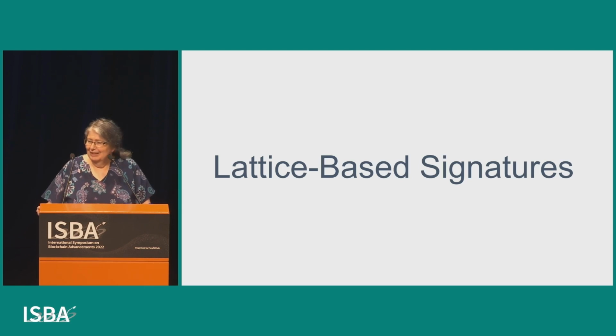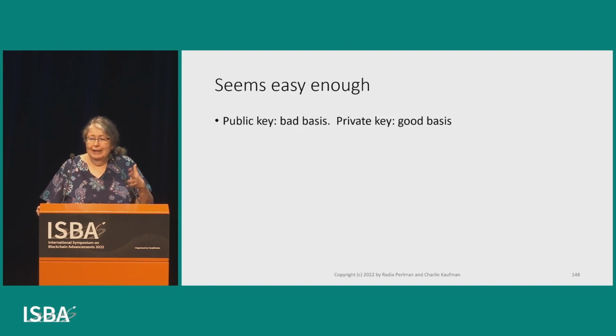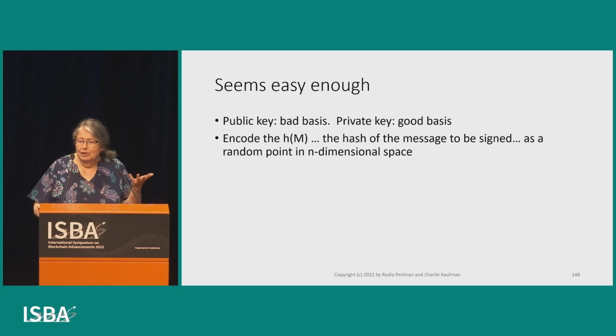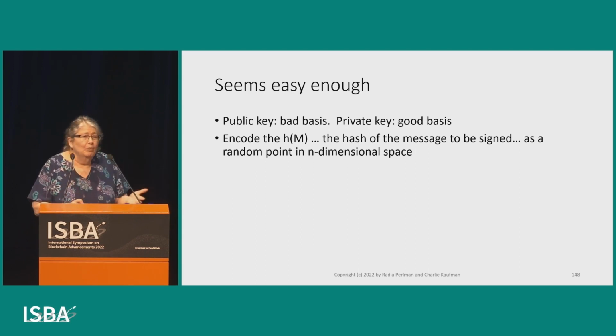Now, interestingly, people also tried to design how to use lattices for signatures. And so, yeah, it seems easy enough. Again, your public key is a bad basis, your private key is a good basis. If you want to sign a message M, you do a hash of M, which will be some sort of point.